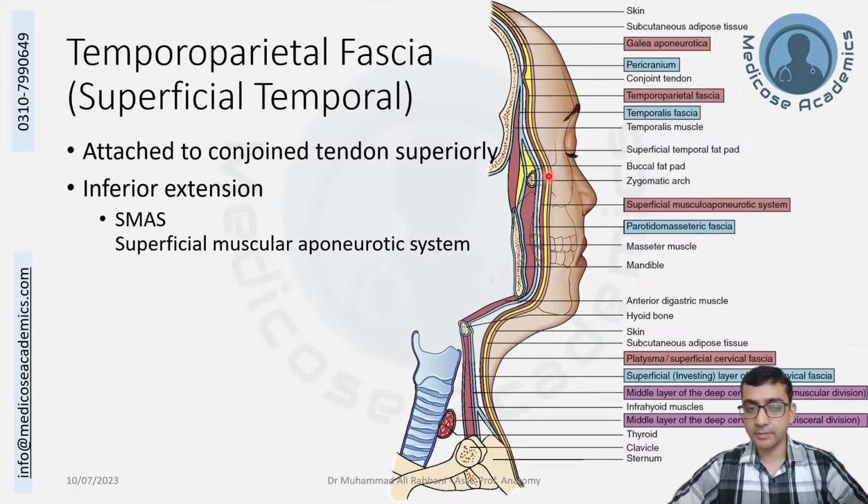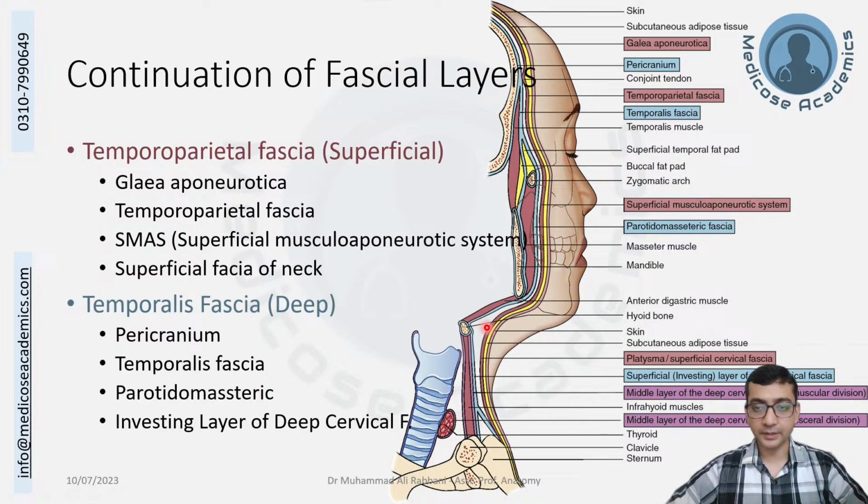So this becomes merged with that. So this is the superficial musculo-aponeurotic system, and downwards it continues with the platysma, the superficial fascia of the neck, including the muscle platysma. So this is about the facial layers.